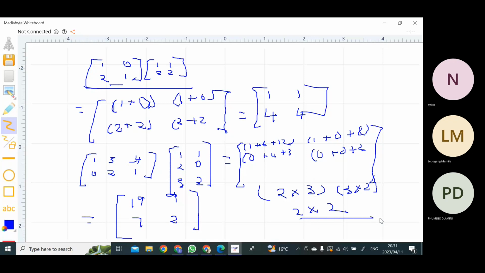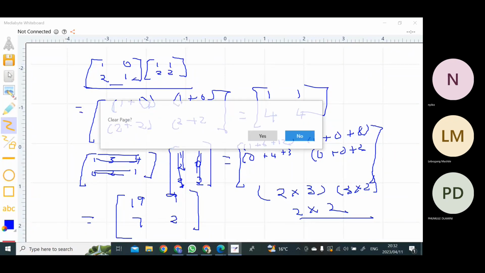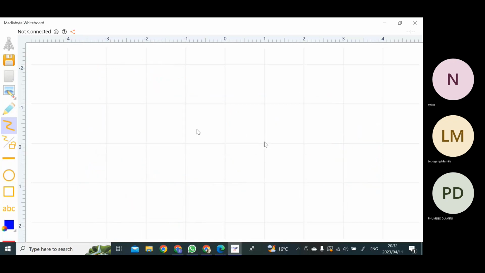This is how it works. The point I'm showing you this is for you to grasp the formula of how you get the answer when you're multiplying matrices. It's still the same and the same. So now let's do this other one. A matrix can be a matrix of 2 by 2, or it can be a matrix of 3 by 3.